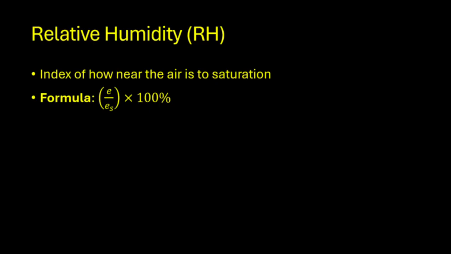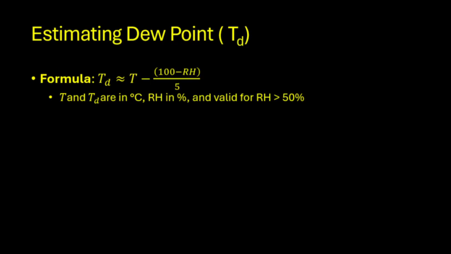Relative humidity is an index of how near the air is to saturation, and now we take those previous slides, the actual vapor pressure divided by the saturated vapor pressure, multiply that result times 100, and relative humidity is an index that's always a percentage. Lastly, we'll be estimating dew point.